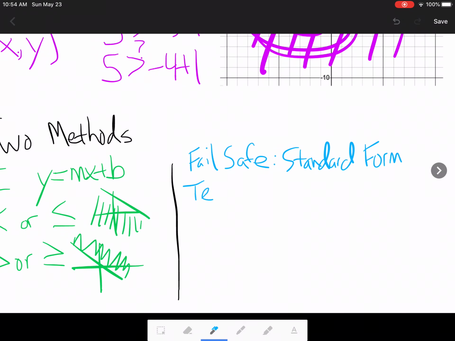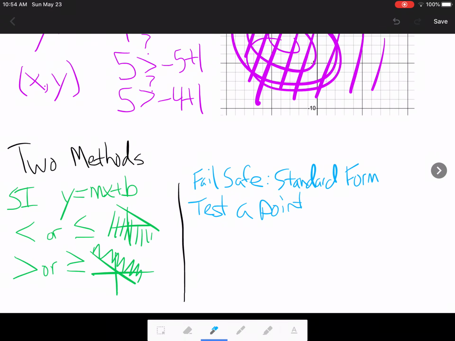So, test a point. For example, what I would do is if I had something like 3x plus 2y greater than 6, I'm going to test a point. And the point I'm going to test is going to be 0, 0. And the thing I want to see is whether or not this is true.